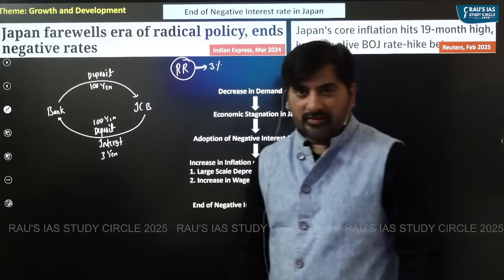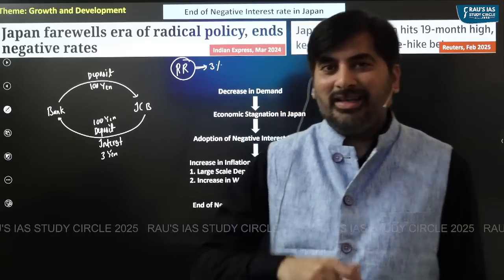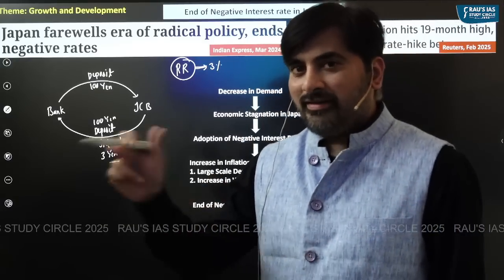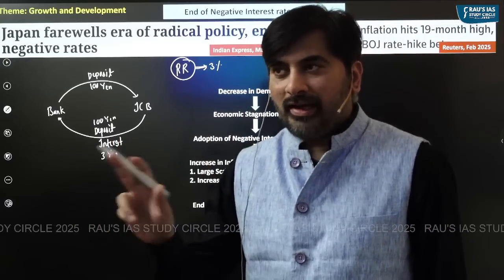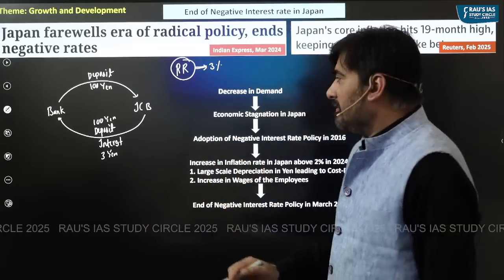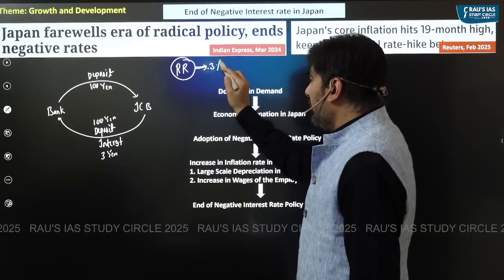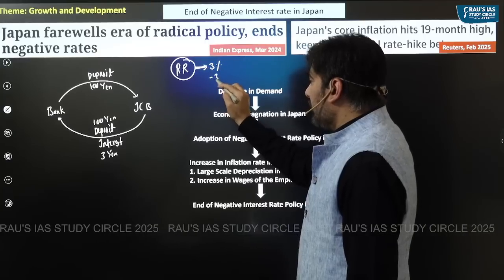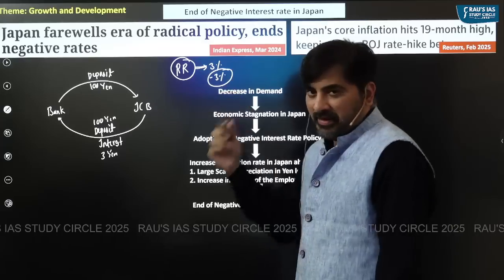That is how the system would work. But imagine the interest rate I'm talking about is not plus 3, it is rather, for example, minus 3. What happens if it is minus 3?